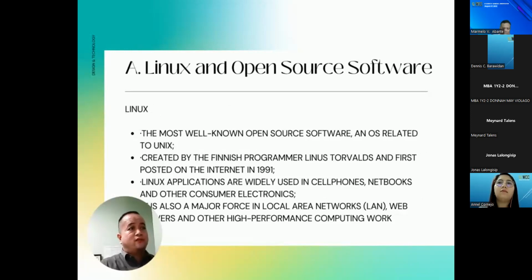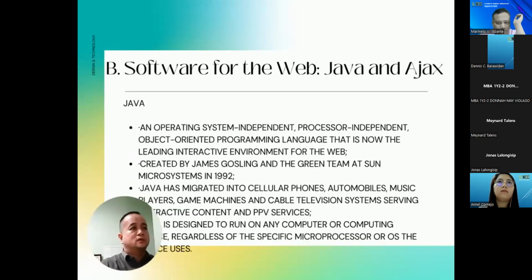It was created by the Finnish programmer Linus Torvalds and first posted on the internet in 1991. Linux applications are widely used in cell phones, netbooks, and other consumer electronics. It is a major force in local area networks, web servers, and other high-performance computing work.